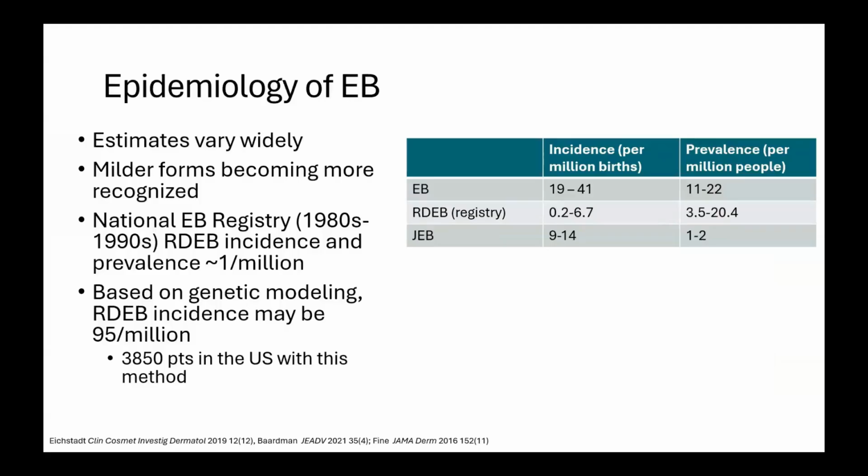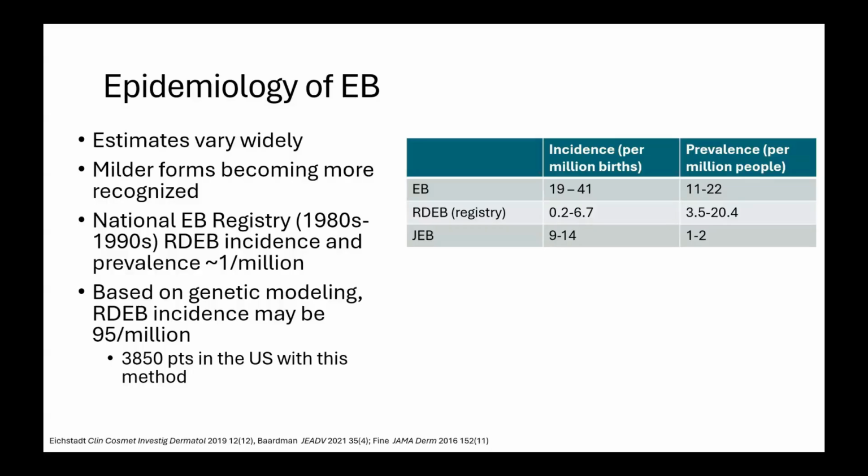However, since that time, we've been recognizing more and more of these milder forms of EB. And with genetic testing, we've also been finding people who were misdiagnosed, maybe they thought they had dominant dystrophic EB and they actually have mild recessive dystrophic, or maybe thought they had simplex and they actually have dominant dystrophic. So I think those estimates are really changing.